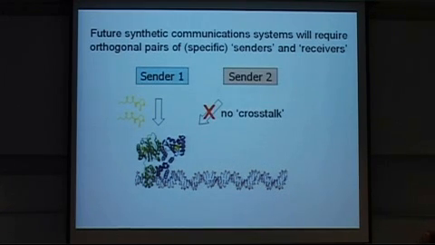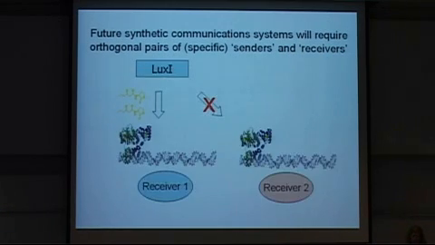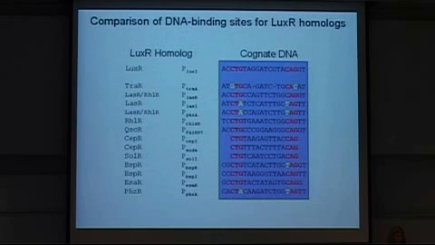We don't want another sender to be able to activate at this particular DNA sequence with a different signaling molecule. And vice versa, we don't want a molecule of LuxR that can be activated by something made by a different LuxI. So we want to try to engineer two orthogonal pairs, which would be great.